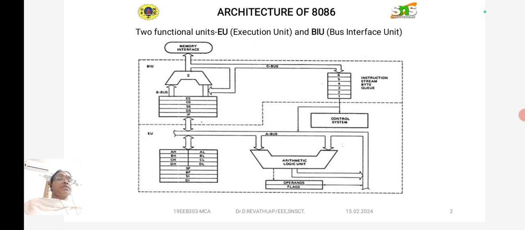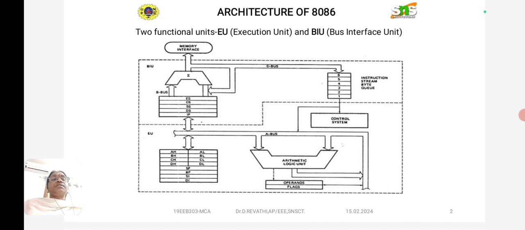The instruction pointer points to the instructions. These registers are used to calculate the physical address, along with the offset address, which is specified by the manufacturer.